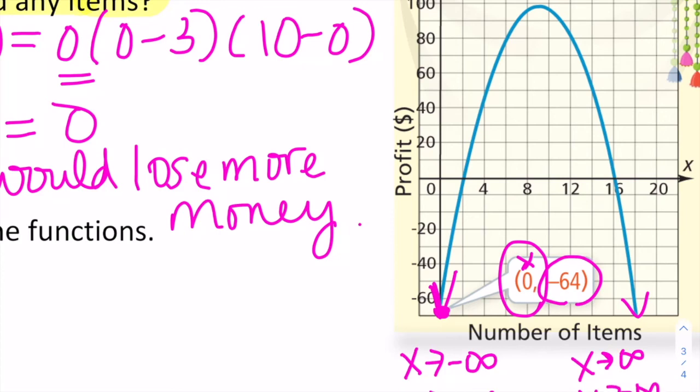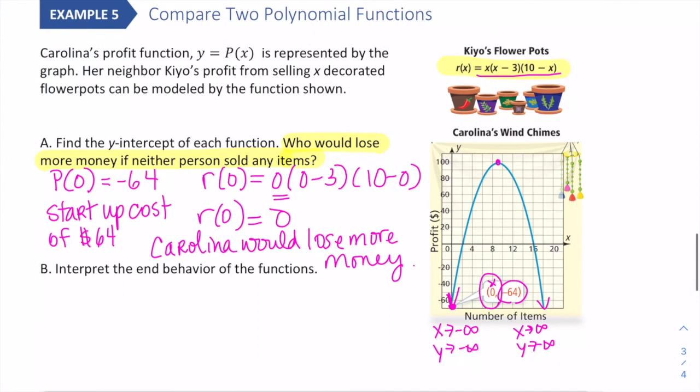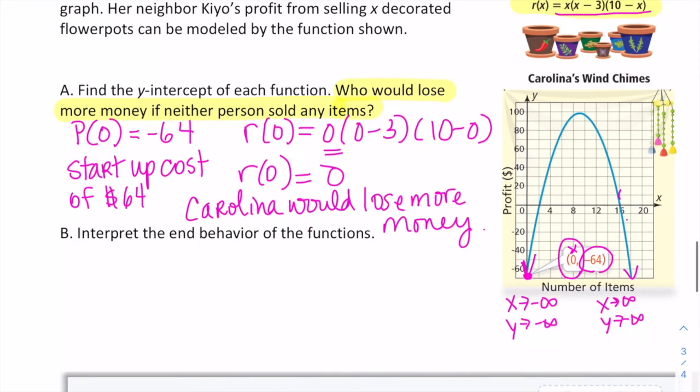So what that means is that there is going to be a maximum here, and there's going to be a point where we don't want to sell any more items. So if Carolina sells more items down here, she'll actually lose money. So knowing the end behavior helps us decide how many items Carolina should sell.